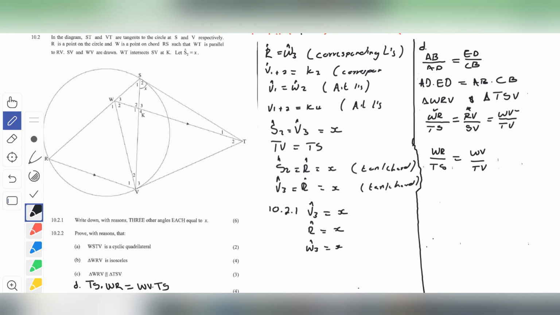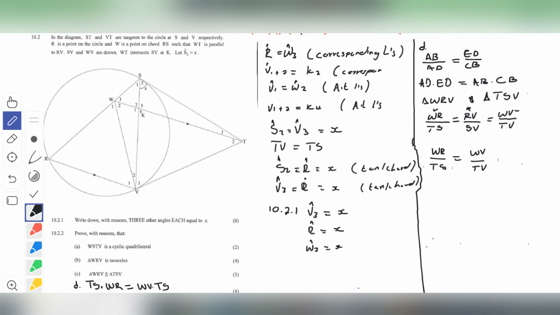One of them is going to be out of order, like it is not going to be there. Like you see that from whatever we are requested to prove, we don't have TV, but then we have WV. So yeah, that is the case, guys, just to confuse you.